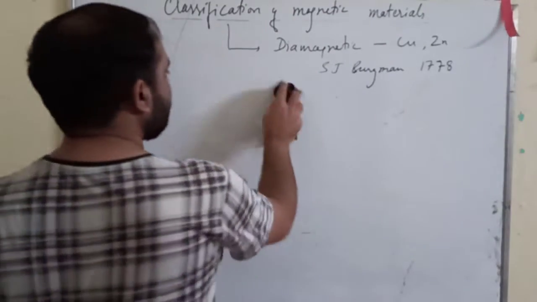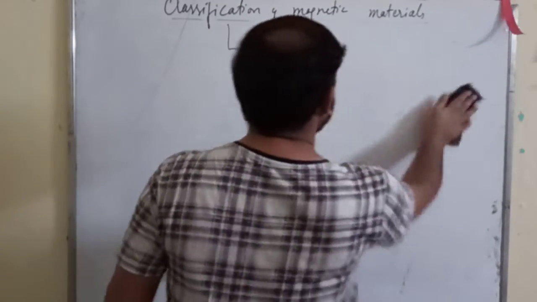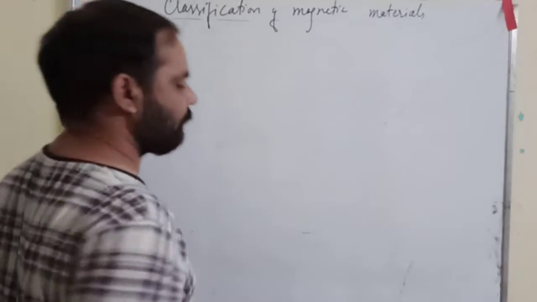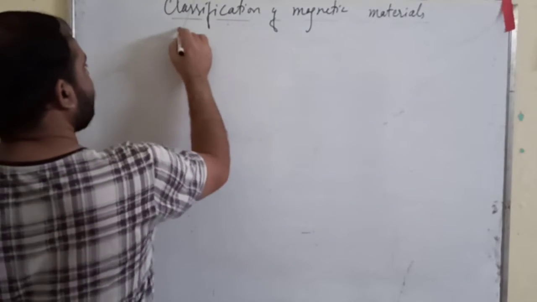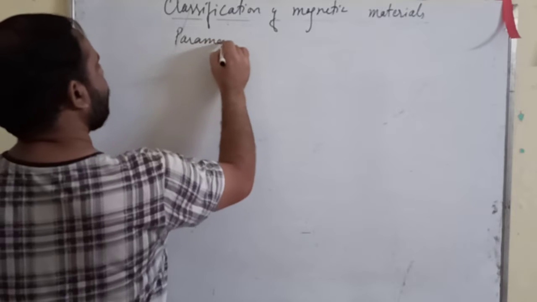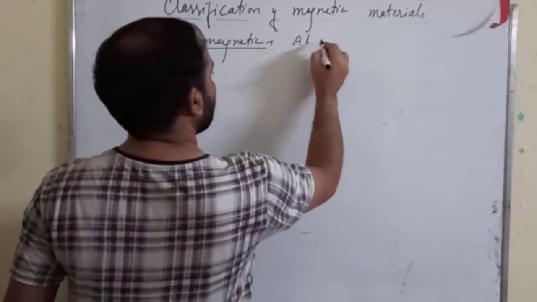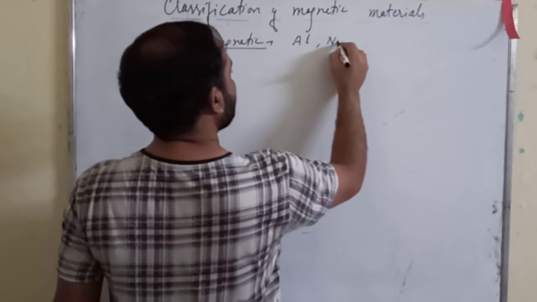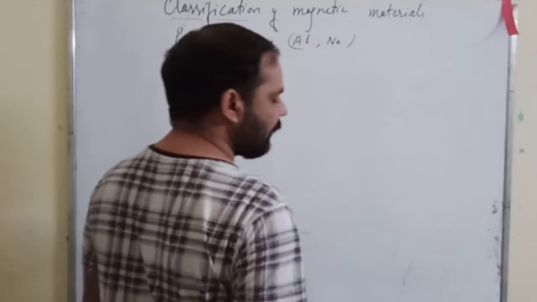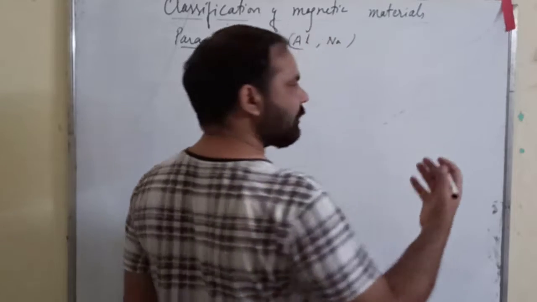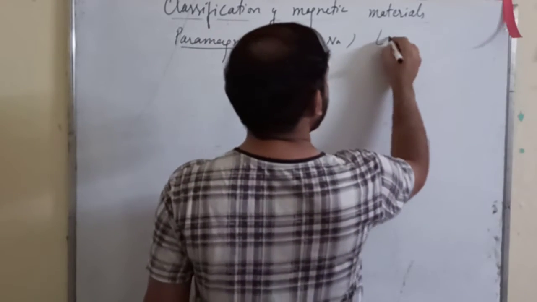Now next we move on to paramagnetic. As I told you, aluminium and sodium are examples, and the concept of origination was given by Langevin.